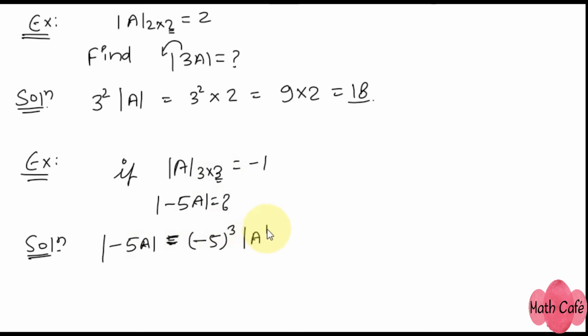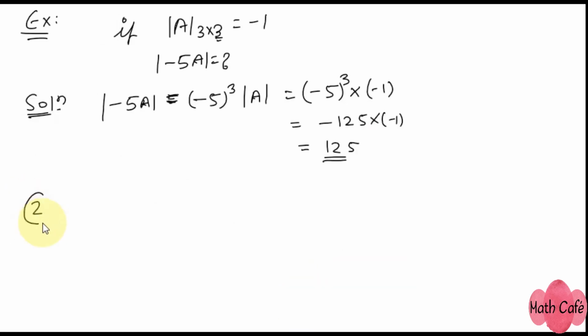So I will put 3 in the power of -5, and the left quantity is determinant of A. So -5 power 3 multiplied by determinant of A. Determinant of A is -1. So finally that will become -125 multiplied by -1. Final value will be +125.